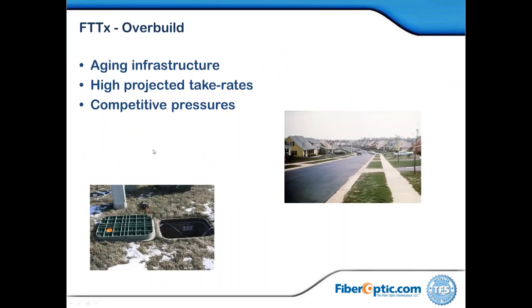The other they often refer to as brownfields or overbuild. The overbuild simply means that it's existing, and if it's a new deployment for a company to provide service, often there's already cable TV coax by the cable TV provider in the neighborhood.